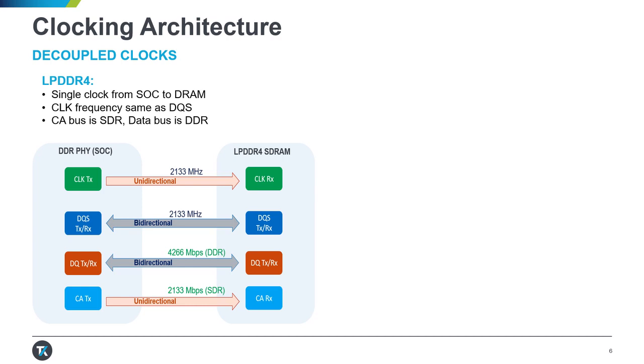Before we deep dive into LP5 architecture, let's just revisit LP4 architecture for a moment. It is pretty straightforward. Clock is unidirectional, and data strobe and data are bidirectional. And CA bus is tightly coupled with clock. And notice that it's SDR.